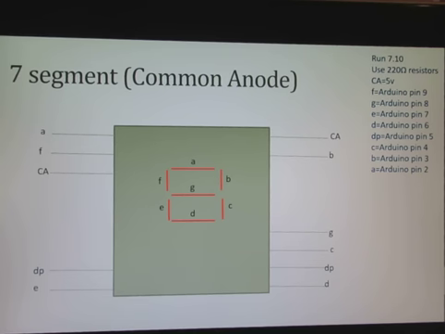Don't forget the anode is the positive side of the LED, and the cathode is the negative side, or the cat whisker side. You want to use all the same values to get a continuous, even lighting of that.